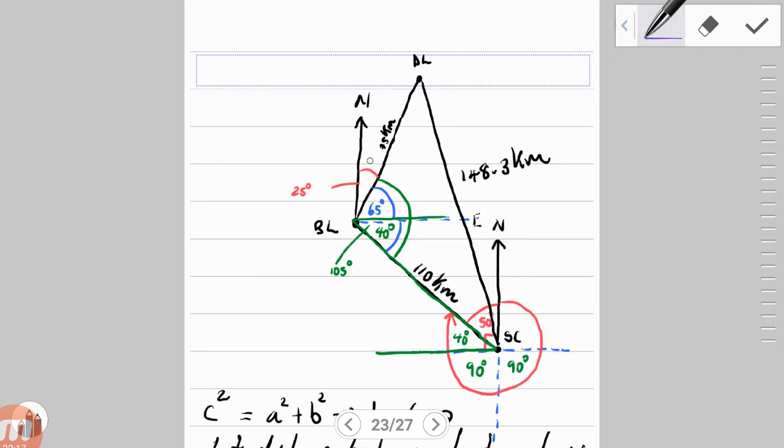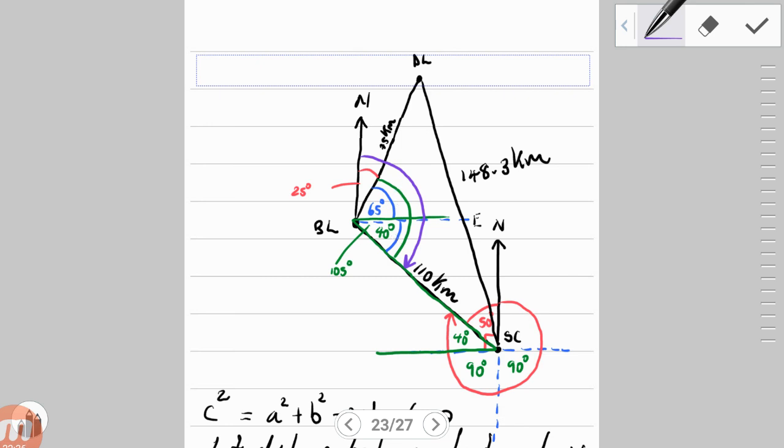Let's just use purple. We need all of this angle coming all the way around here. That's easy because after the dissections of the angles, we can see that the bearing here is 25. We calculated the bearing here to be 65, and the bearing here is 40.